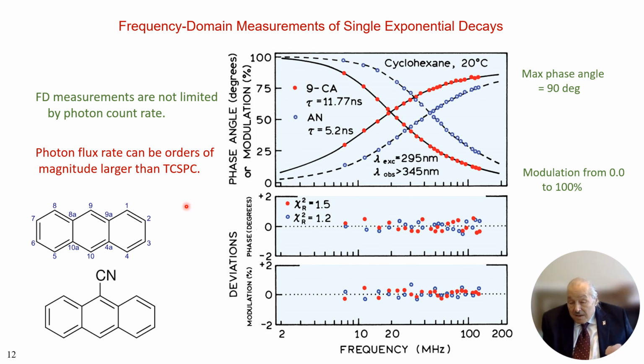The number of photons impinging on the phototube can be orders of magnitude larger than for time correlated single photon counting. So there's no such thing as a limited photon count rate, but of course you have to stay within the limits of what the phototube is able to respond to. But this larger signal level is important.